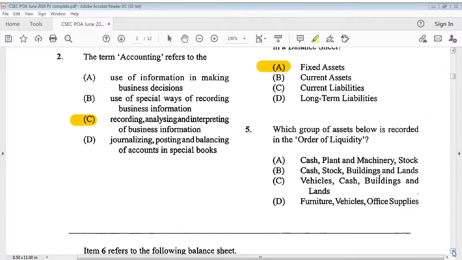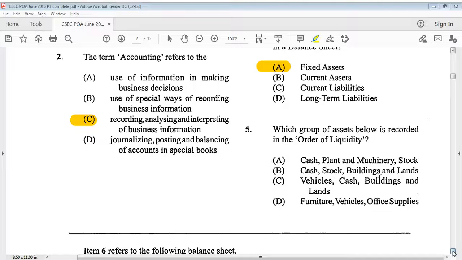I had explained this in detail too. So we know order of liquidity has to do with the order of the assets on a company's balance sheet. The assets that are converted into cash first. We usually start off with cash, the order in which it is presented, depending on how long it would take. So we know cash is what we are looking for in our answer.